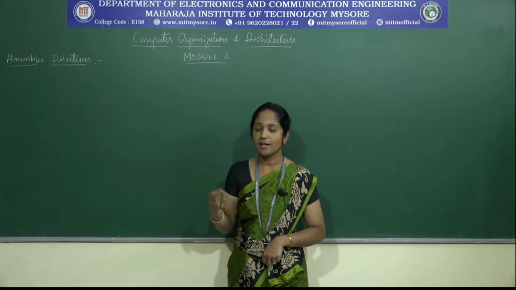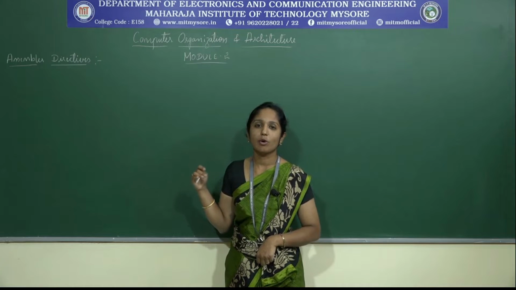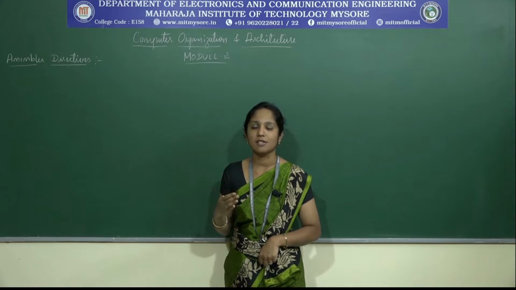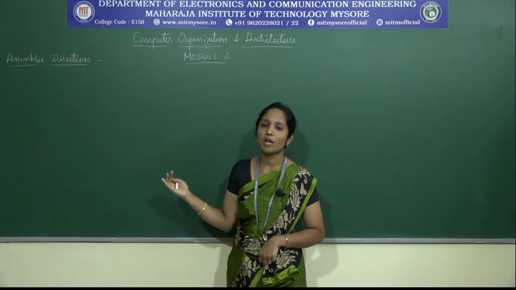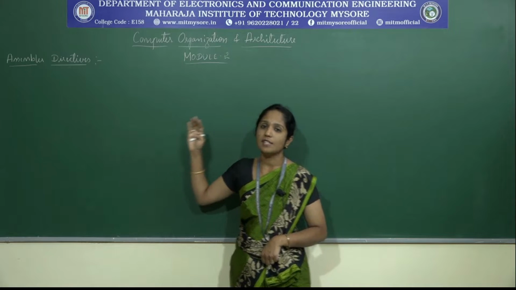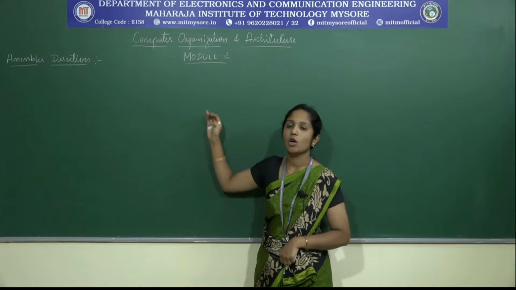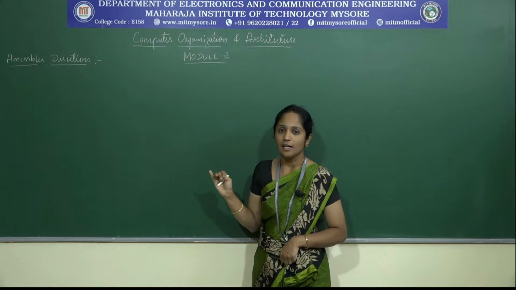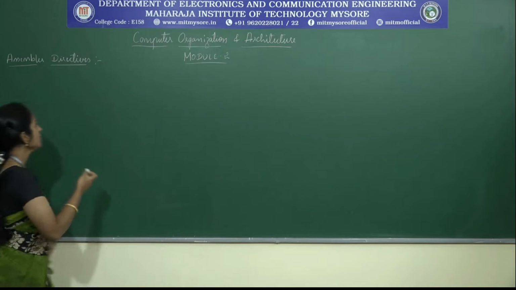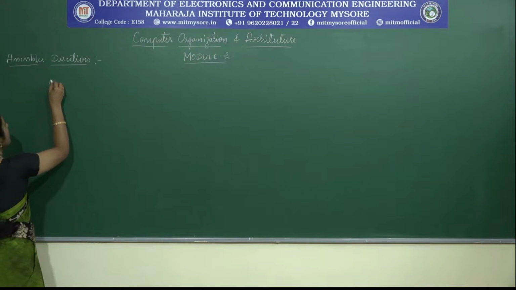In order to understand that, first let us consider the program segment which we had taken as an example for discussing many of the addressing modes. Let us consider the same program segment of adding n numbers, and let us see what the assembly level language program code is for that particular source program.